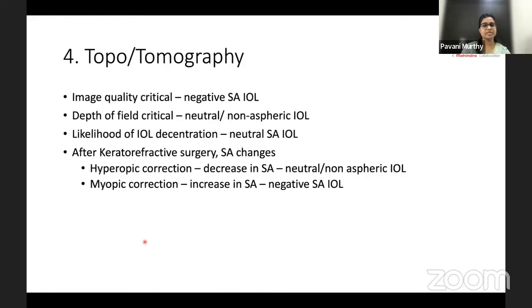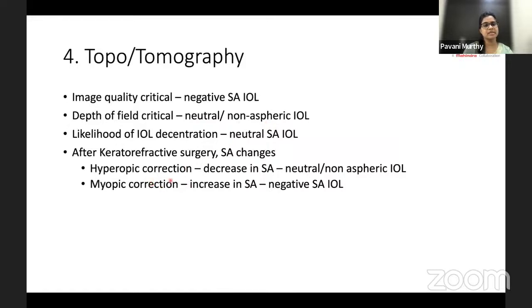So negative spherical aberration results in better contrast sensitivity and better image quality. So for those whose requirement is better image quality, offer a negative spherical aberration IOL. The higher the spherical aberration, the higher the depth of field. So in such scenarios, neutral or non-aspheric IOLs can be preferred.